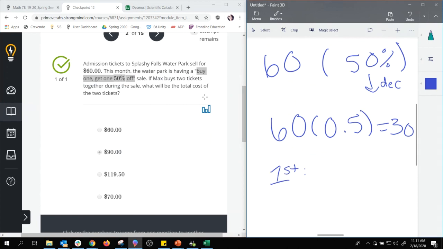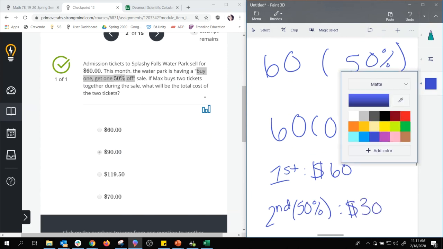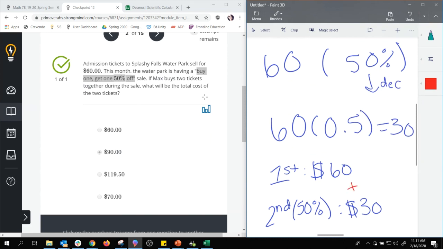Is 60. Perfect. So I'm paying $60 for this ticket. Now my second ticket, this is going to be the 50% off one. How much was it when it was 50% off? 30. Perfect. So I'm paying $60 for one and $30 for another, which means if I were to add these two together, I would pay $90 for my two tickets. Perfect.